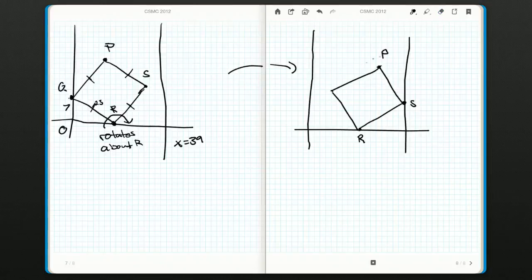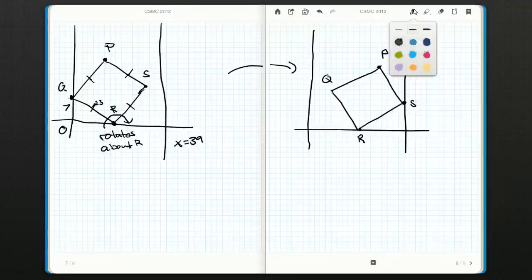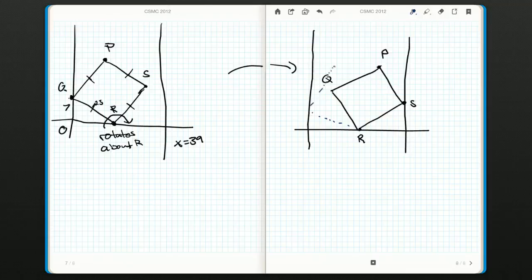So there's P, and there's Q. And just for the full effect, how about using the navy blue, we just dash in what we used to have. So we've rotated. This is where it was. We rotated about R. And now this is where we're at. So the new S will have x coordinate 39. We know that for a fact.